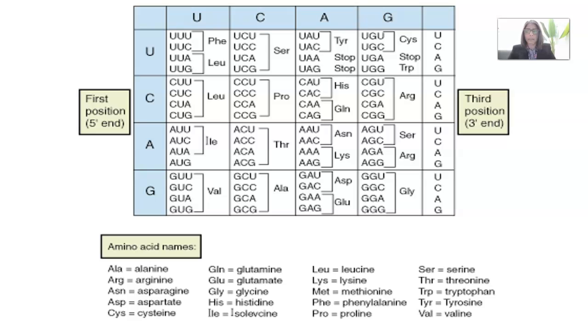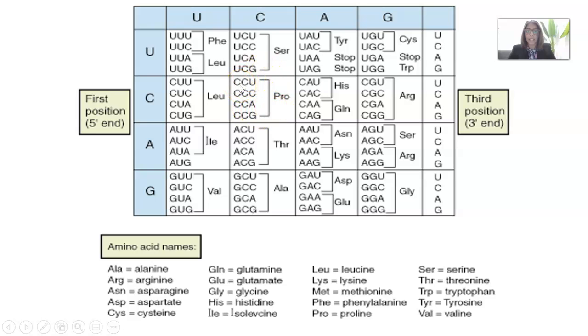So for example, if the first position of base was C, we would then look to the second one and the third one. So the second position is at the top, so let's say that the second position was also C. That would bring us into here.